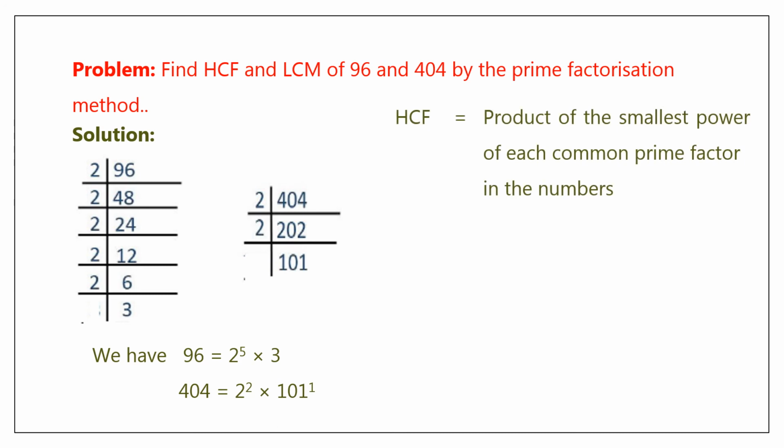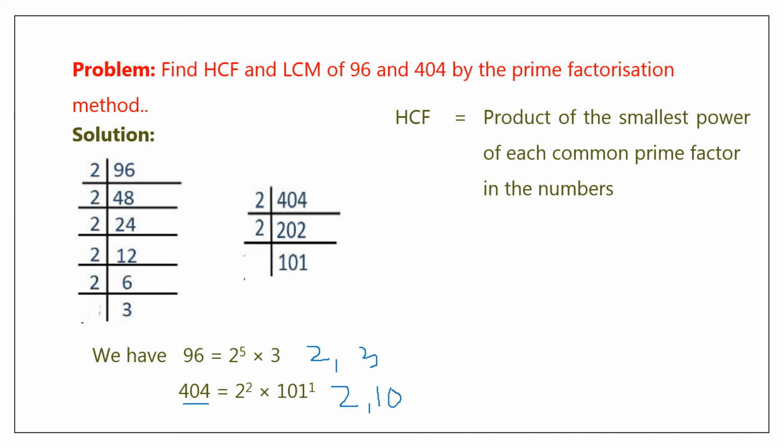Okay, here the HCF is the product of the smallest power of each common prime factor in the numbers. The prime factors involved in the prime factorization of 96 are 2 and 3, whereas the primes involved in the prime factorization of 404 are 2 and 101.